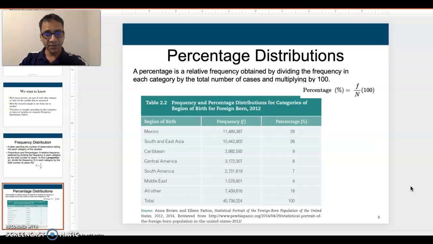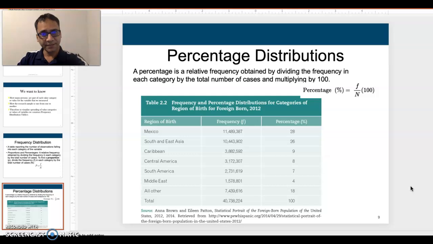You can also use SPSS to do these frequencies. For percentage, the relative frequency is obtained by dividing the frequency in each category by the total number of cases and multiplying it by 100. So that's how you calculate percentage.